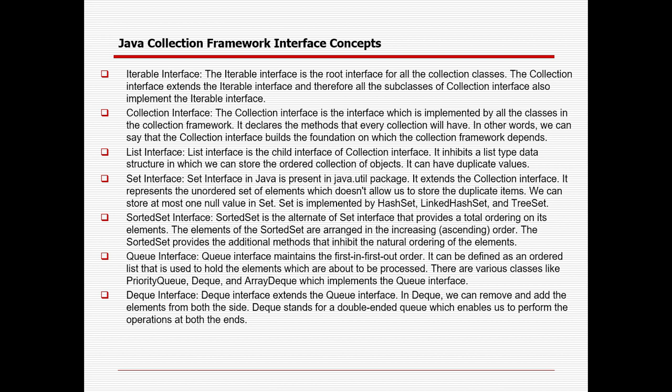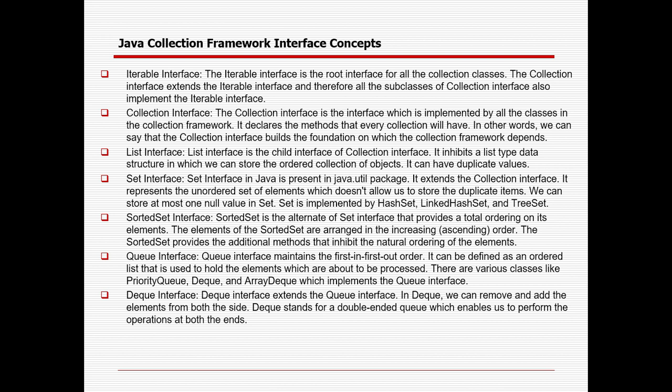But the problem is that, suppose you enter the elements in an ordered way, it will give you any random order. To avoid this, you can use the sorted set interface, where it will definitely contain unique elements, but it will give you an ordered way, ascending order, from lower to upper, or alphabetical order.